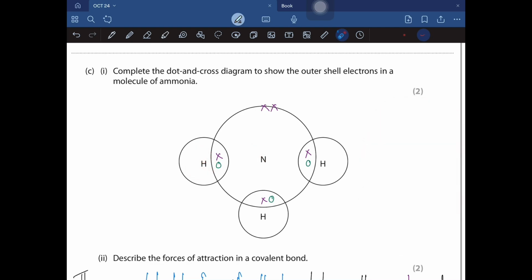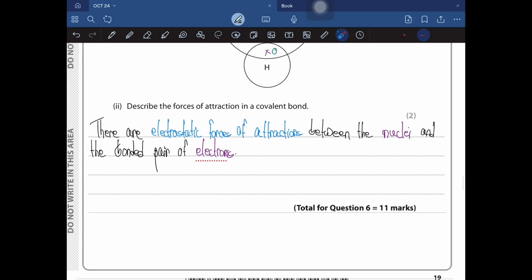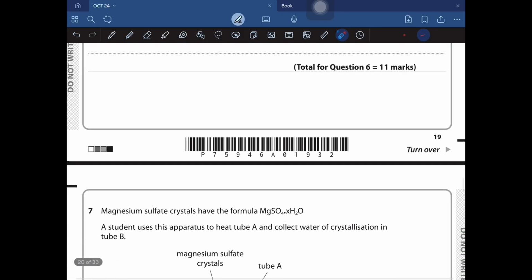So there is an electrostatic force of attraction between the shared pair of electrons and the nuclei, and that is the definition of a covalent bond. So yeah, moving on to the next question. Give me a moment, guys.